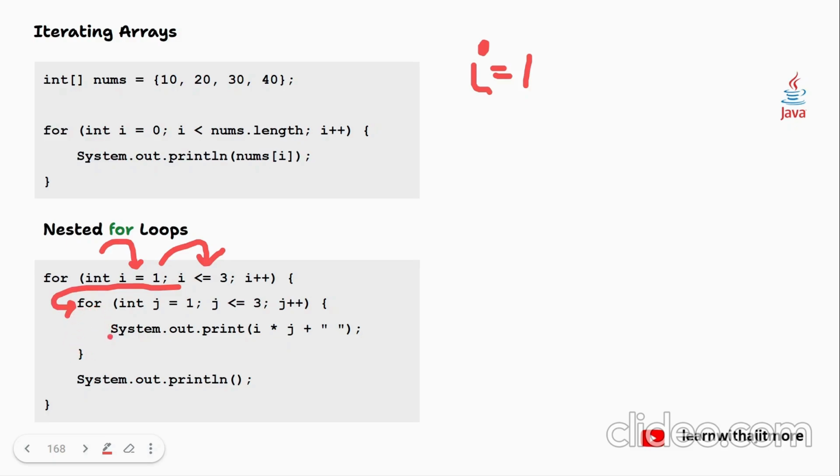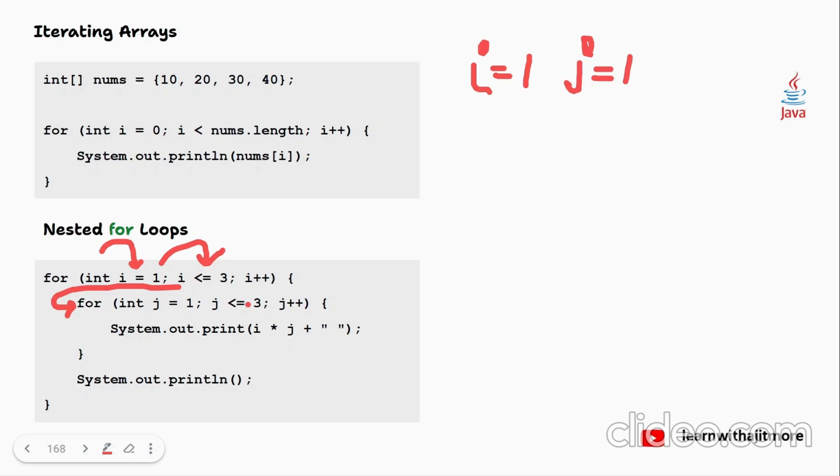When this whole inner for loop is over, it will do println and then it will come to i plus plus. As the condition is true, it has entered that for loop's body. But within that body, again there is a statement which is a for loop. So for this for loop, again j first initialization, j equal to 1.